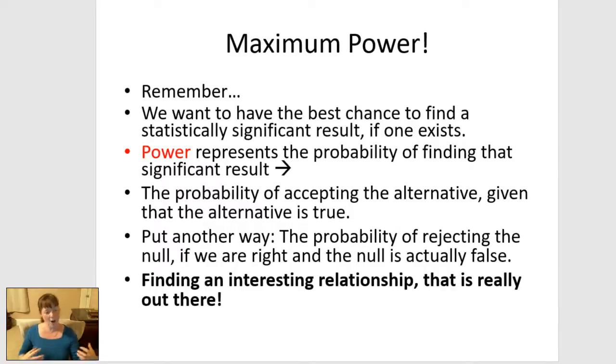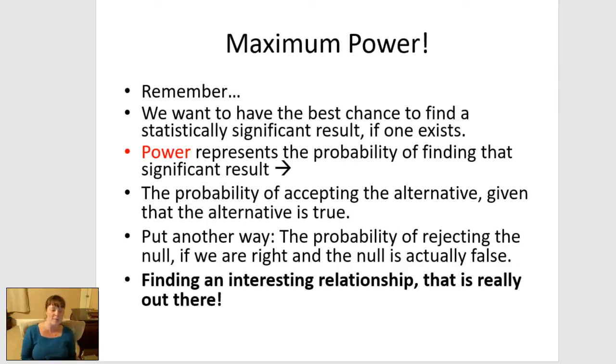And so power is the probability of going with the alternative if the alternative is true, and you want that probability to be big because most researchers think their alternative is true, so they want the probability of going with that alternative to be as big as possible, right? You want to reject the null, right? So putting that another way, power is the probability of rejecting the null and being right. And that's what you want to do. Reject that bad, lame, lemon null and be right.